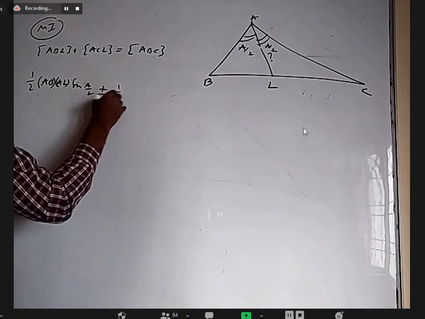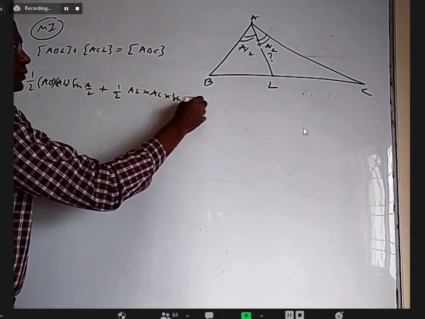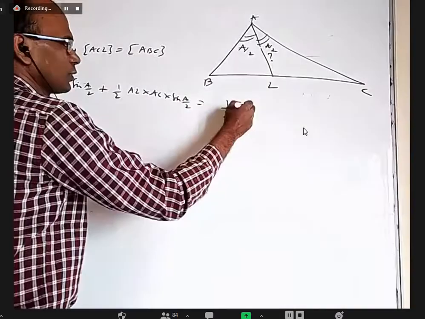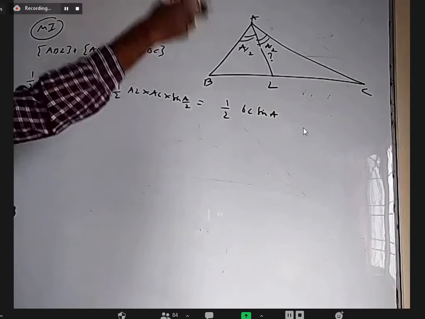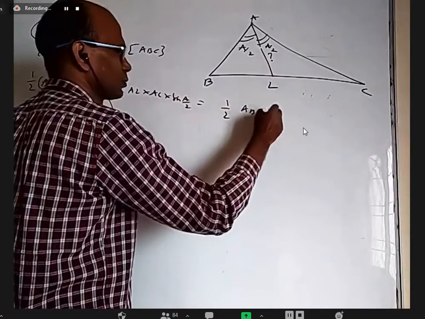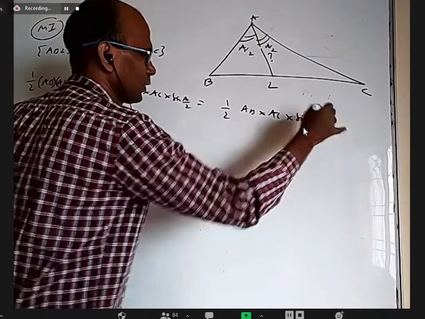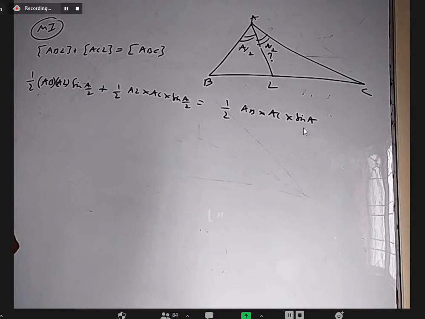The other area is half into AL into AC into sine A by 2. ABC is half into AB into AC into sine A. I used only one formula for each of them: half into product of two adjacent sides into sine of the angle between them.